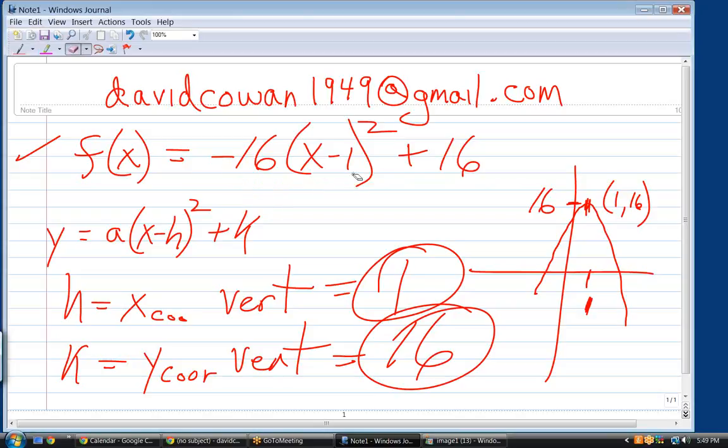When they give it to you in vertex format, it's real easy to find the vertex. There's h, there's k. That, incidentally, is a, but that doesn't have any bearing on this, not yet. That's for their first question.